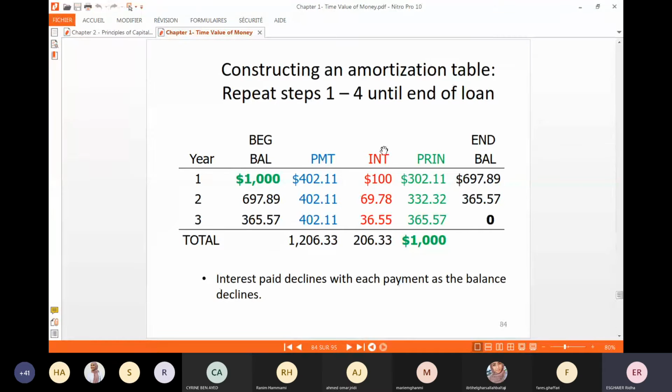If the payments or reimbursement were monthly reimbursements, simply 10% نقسم على 12, we divide it by 12 to get the monthly interest rate, and we do the calculation according to the monthly interest rate. You will get monthly payments, monthly principal portions, monthly interest. هذا حكينا فيه ديجا.